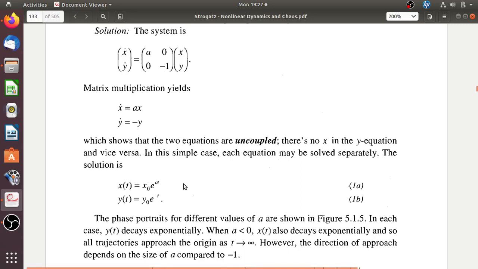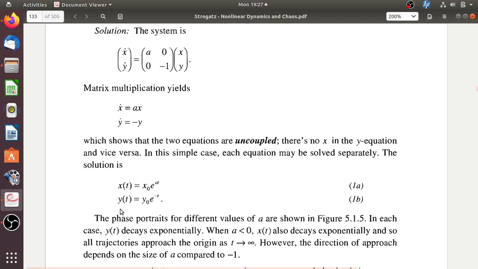But how does the phase portrait look? Even before we calculate it, let's take a value of A which is less than -1. In that case, y will decrease at a particular rate, but x will decrease very fast, say for A equal to -2. The x value will decrease very fast compared to the y value.